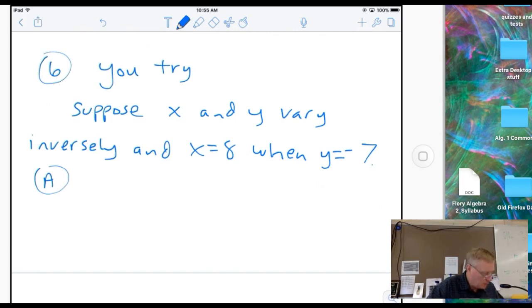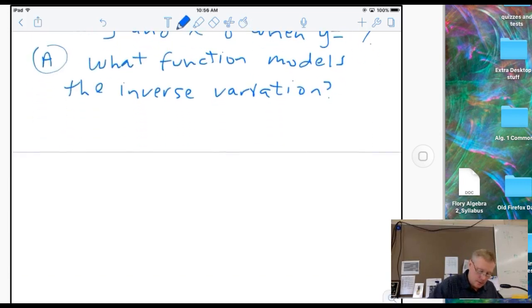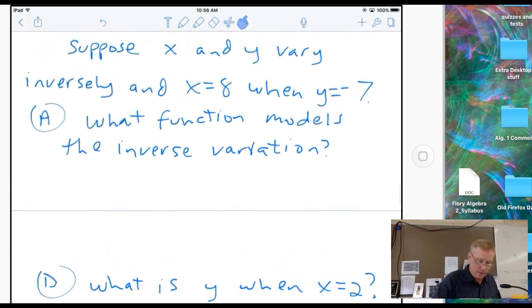A. What function models the inverse variation? And B. What's y when x is 2? Okay, so why don't you pause and try this out and then come back.